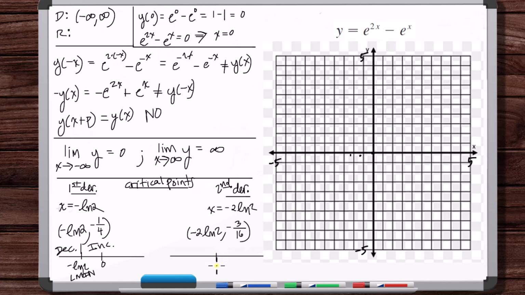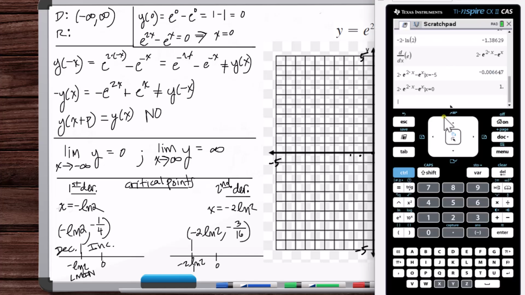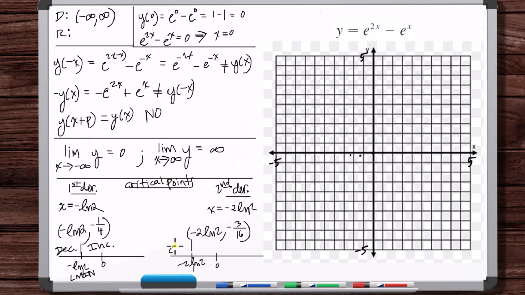Okay, now let's do 0 and minus 2 natural log of 2. Same process here. Take the second derivative with x equal to minus 5, let's say. Concave down.